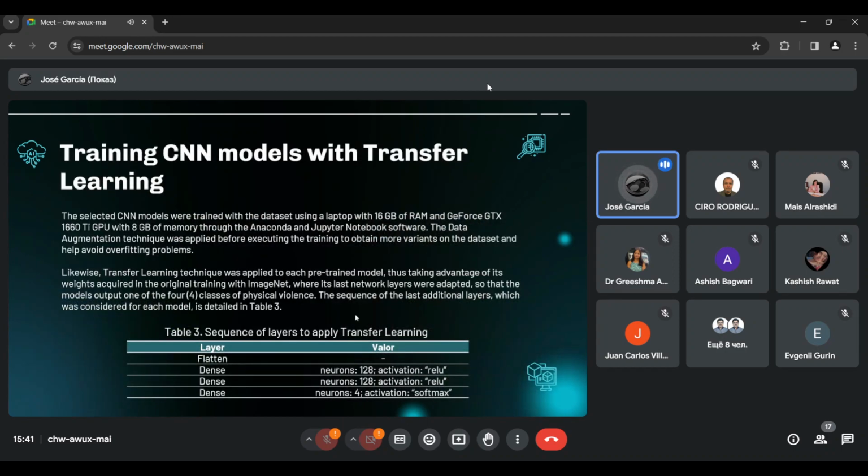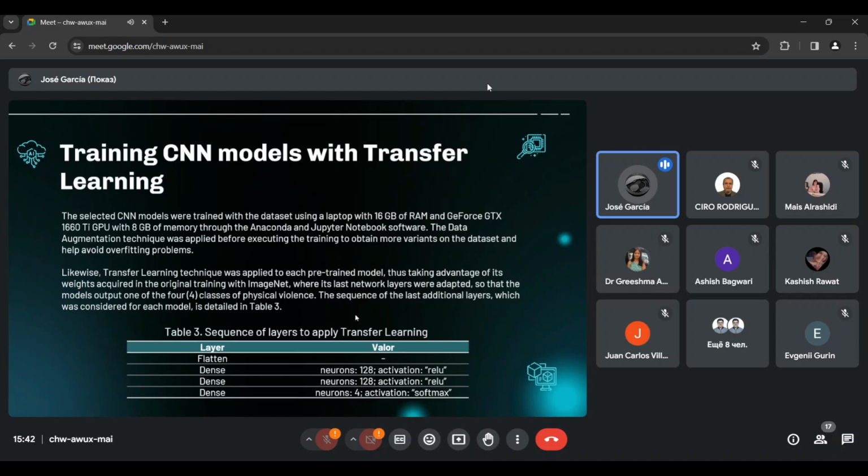The next one, training CNN models with transfer learning. The selected CNN models were trained with the dataset using a laptop with 16 gigabytes of RAM and an Nvidia GeForce GTX 1660 Ti GPU with 8 gigabytes of memory, through Anaconda and Jupyter Notebook software. The data augmentation technique was applied before executing the training to obtain more variance in the dataset and help avoid overfitting problems.